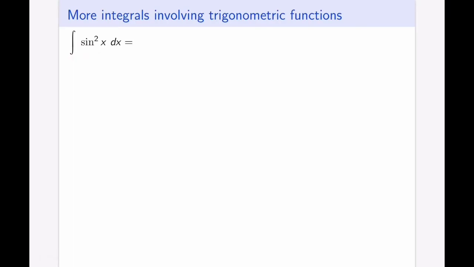So again, notice that of course here I can rewrite this as sine x times sine x dx, but then I run into a problem. If I substitute sine x for u, then my du will be cosine x dx. But what I have remaining is sine x dx.